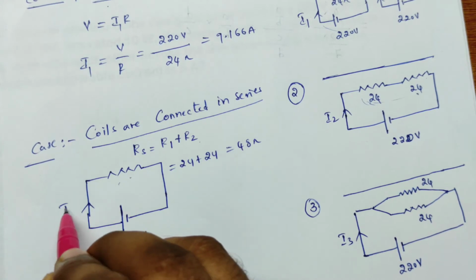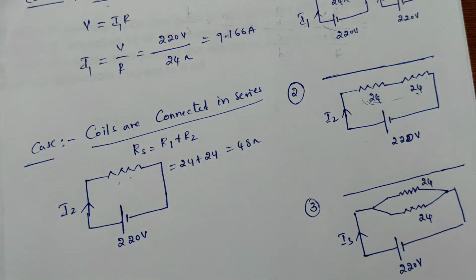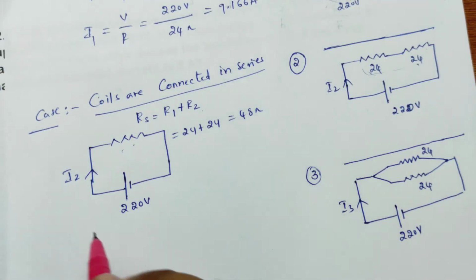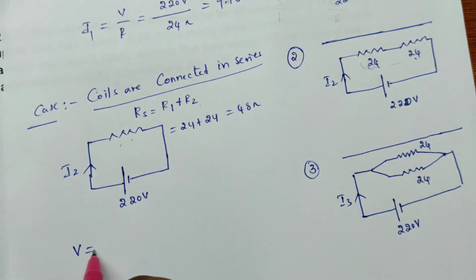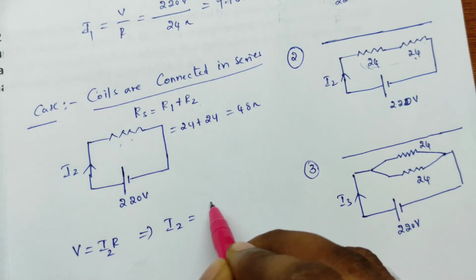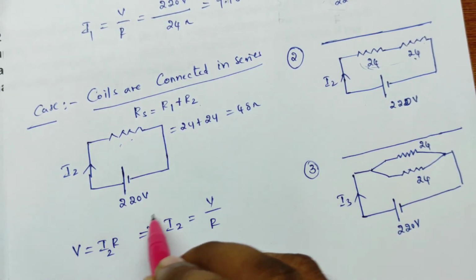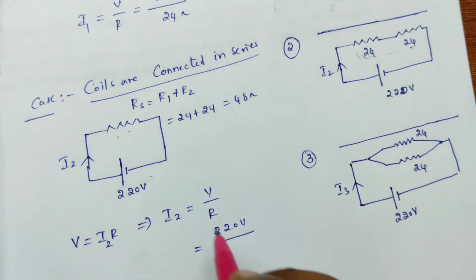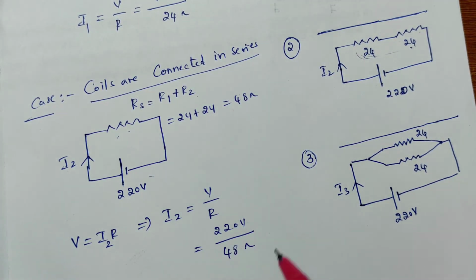Same here, we are going to use Ohm's law only. So V is equal to IR. We need to find I2, right? So V is equal to I2R. That implies I2 is equal to V by R. V is 220 volts divided by R, which is 48 ohms.